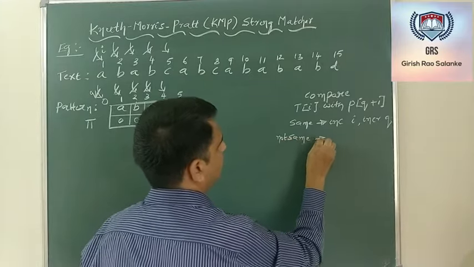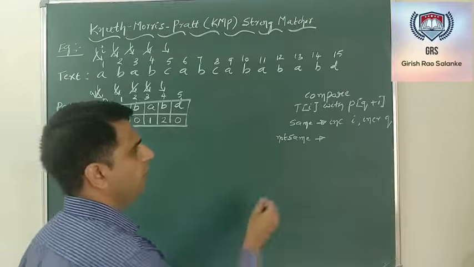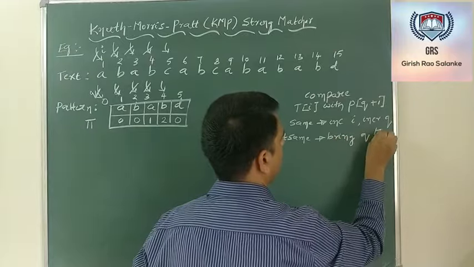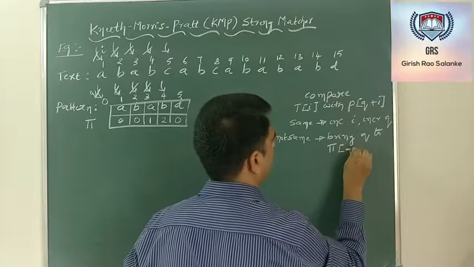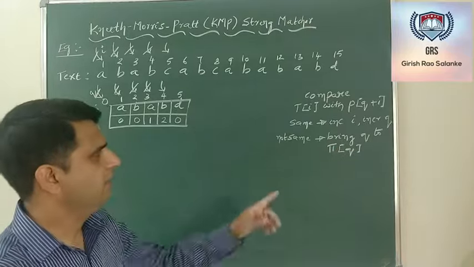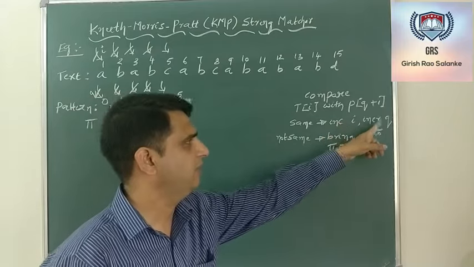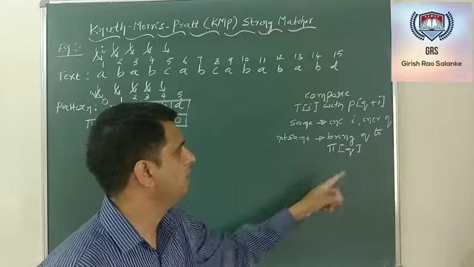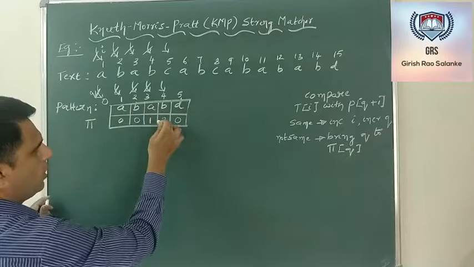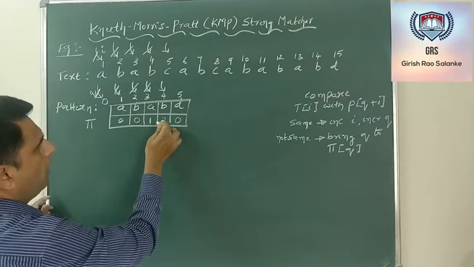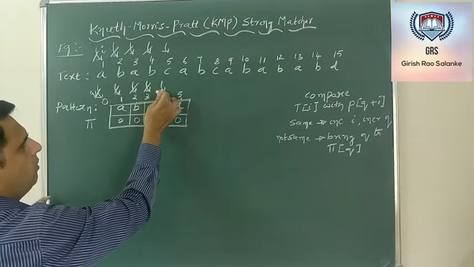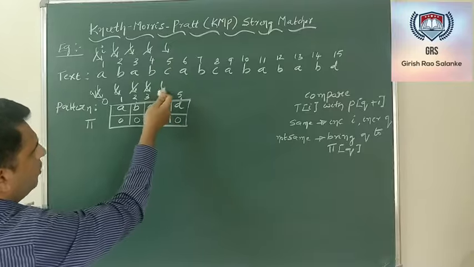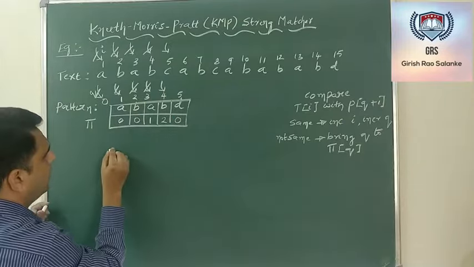If they are not the same, what we need to do is bring Q to pi of Q. Please note that if they are the same, you need to increment I as well as Q. If they are not the same, bring Q to pi of Q. Now what is the value of pi of Q? Pi of Q value is 2. I need to bring this Q back to 2. Now I'll write this diagram here.